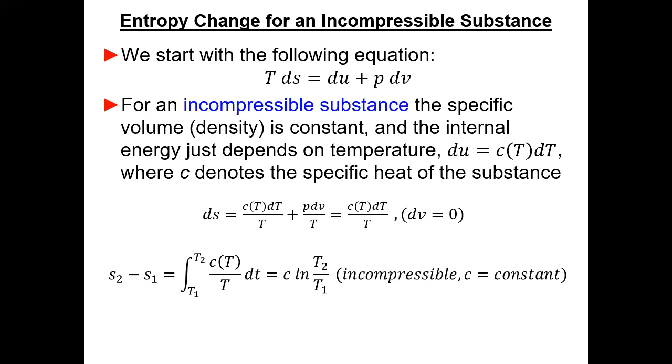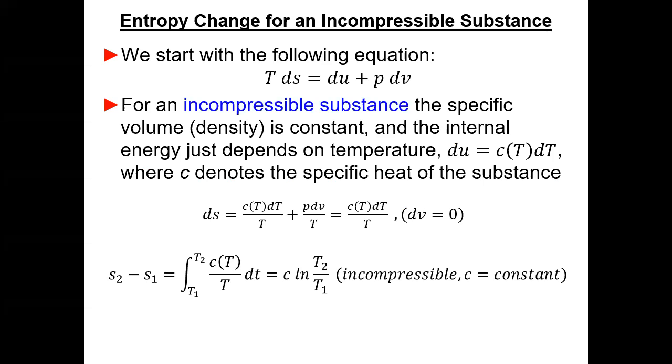The subscript goes away and there is just one specific heat, that's C, and it is in general a function of temperature. So dU is C of T times dT. Pretty simple. And guess what? dV, if you're incompressible, there is no potential volume change. So dV turns out to be 0.